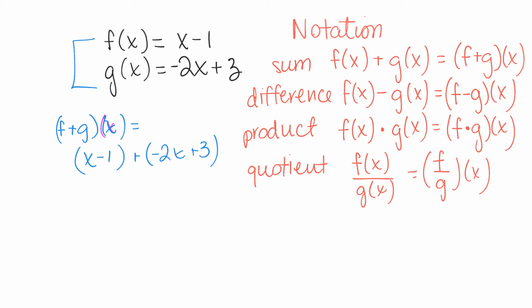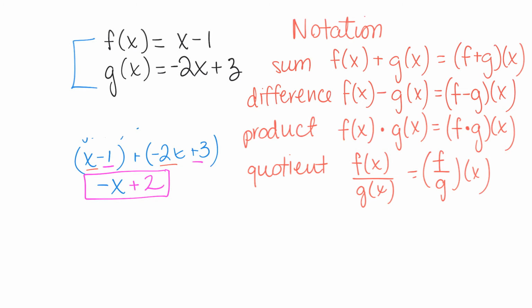They're just adding, so it's really straightforward. We're going to combine like terms. We've got x minus 2x, which is going to give us negative x. And we've got negative 1 plus 3, which is going to give us plus 2. So the answer would be negative x plus 2 is how we would find the sum of those functions.